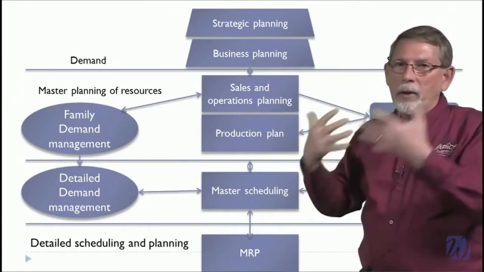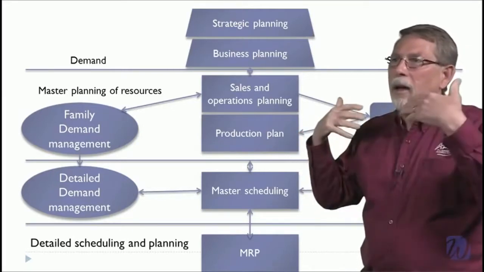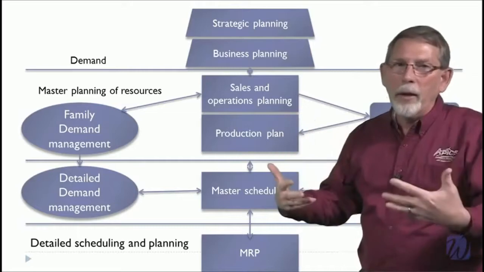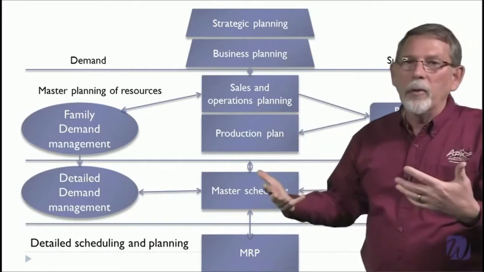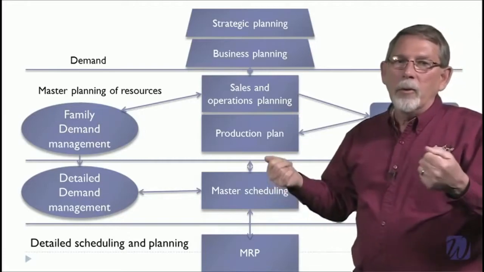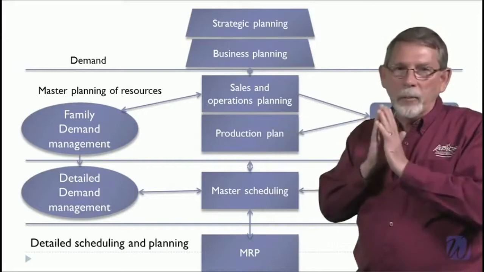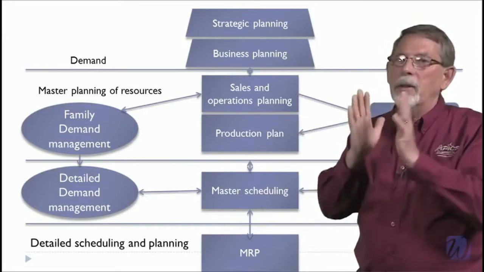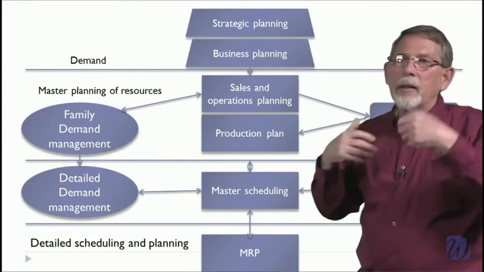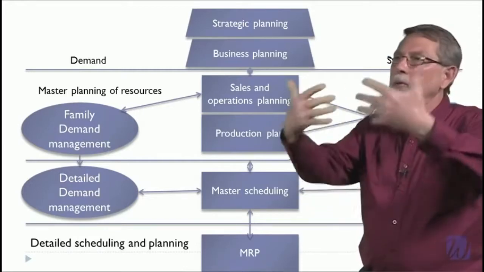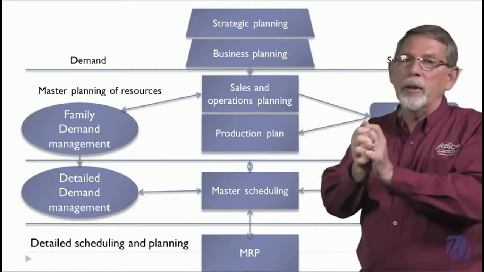Then, once we have the business plan, we need to know what that means in terms of product, what I'm going to build and how I'm going to build it. So we come up with the first detailed module, master planning of resources. It looks at the first breakdown of the business plan, which is the family level of products.